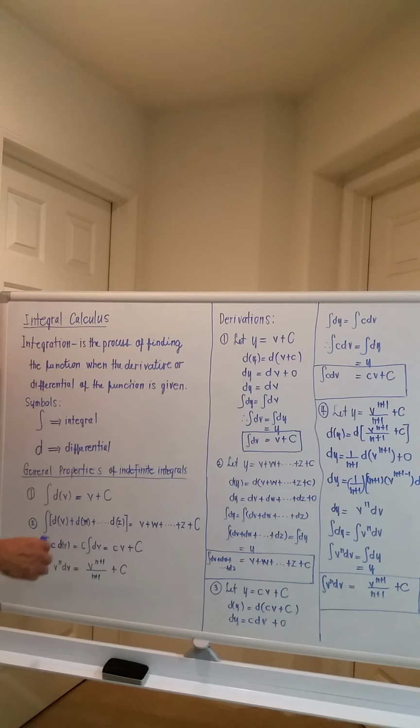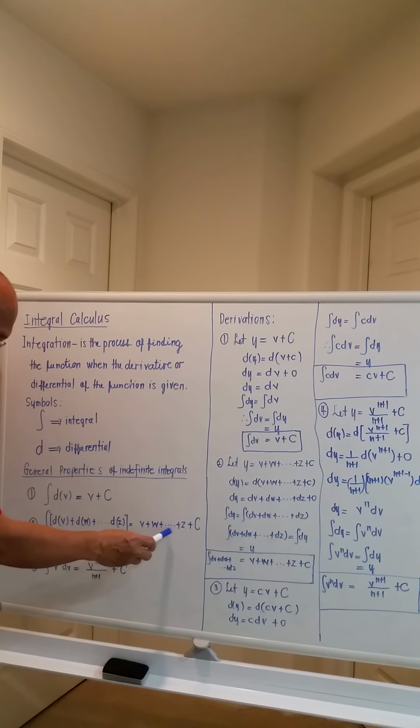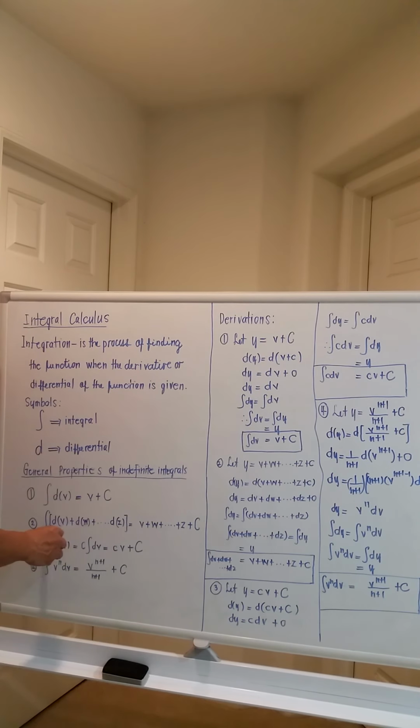Meaning, the sum of several derivatives or differentials is just the given functions b plus w plus z plus capital letter C. I will try to bring out the derivation of this. So you believe in me.